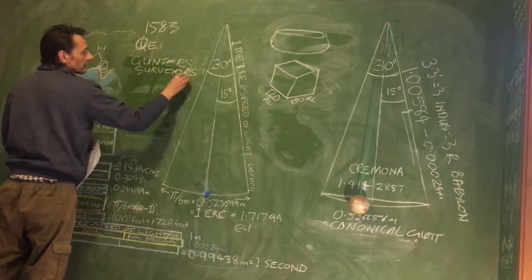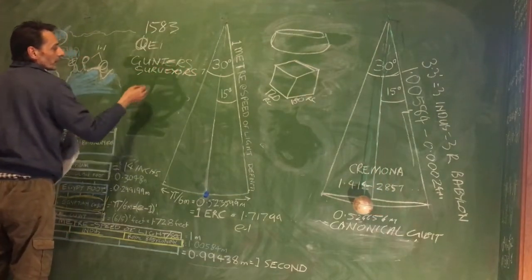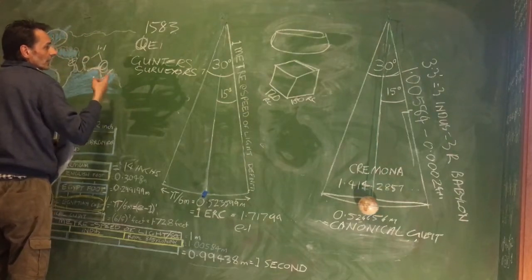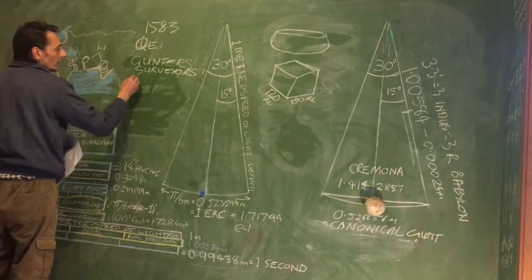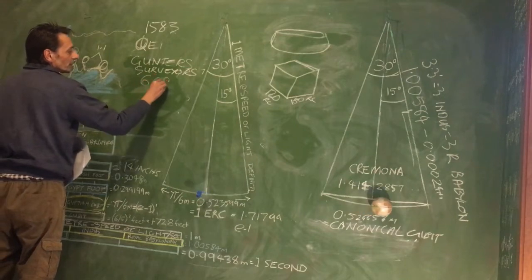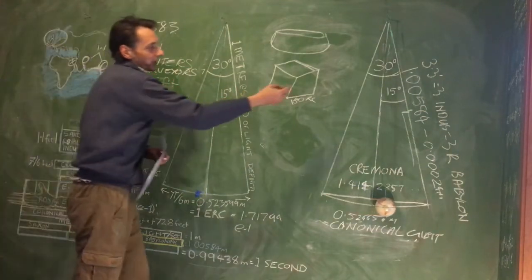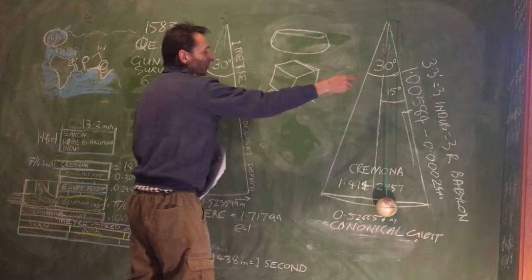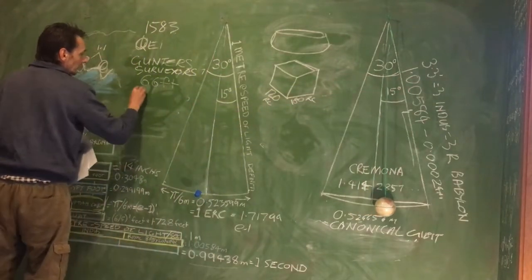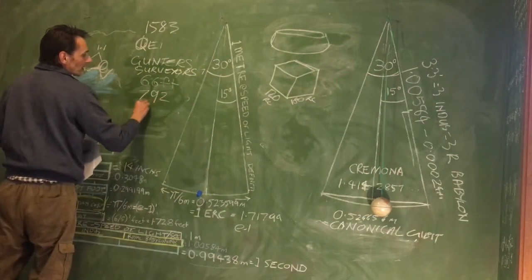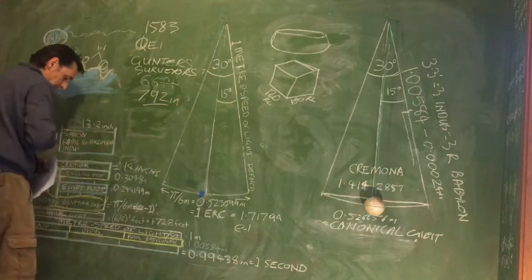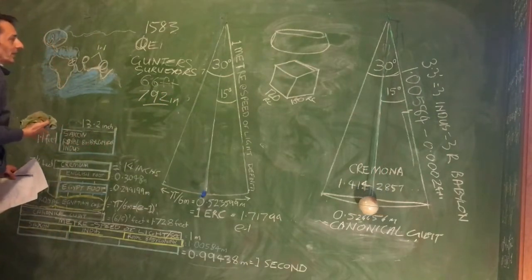If you're in the US, Canada, Australia, your street width is probably 66 or 132 feet for highways. That's what a Gunter's chain is, 66 feet. Think of that, 3.3, and that's 792 inches, which is, well, sun, earth, moon, all these other numbers.